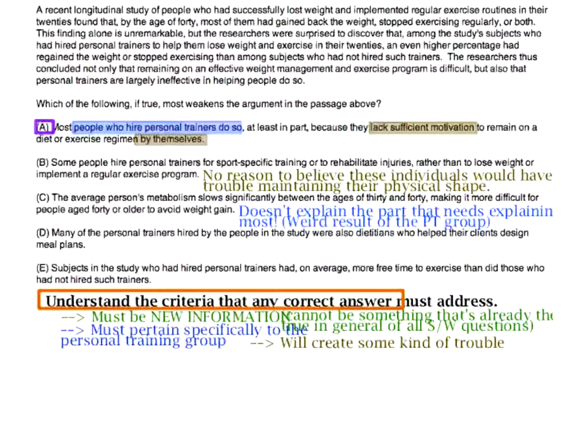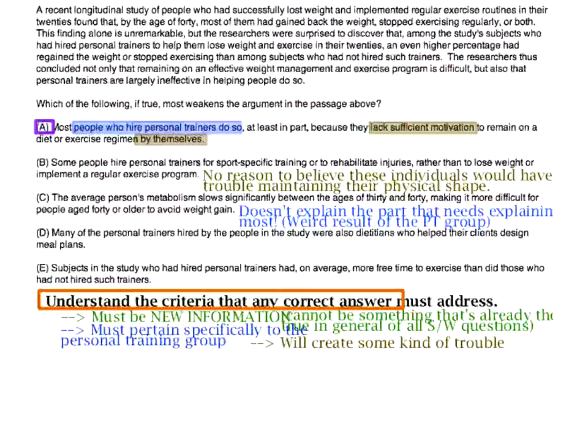And then as far as D goes, many of the personal trainers were dietitians who helped their clients design meal plans. The problem there is that meal plans don't really drastically change as you get 10 or 20 years older. So if anything, this would mean that the personal training clients had meal plans and the non-personal training clients didn't, which in terms of expectations would actually lead us to believe that the personal training group would be less likely to have issues.